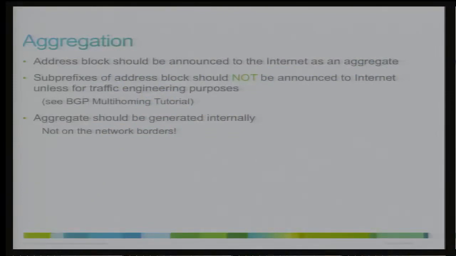Okay, so the only time you want to advertise sub-prefixes is when you want to do multi-homing with traffic engineering, and we'll see later on why you will need that. But in general, if you do not need traffic engineering, let's say you have one prefix assigned from the RIR. If you advertise that prefix through multiple peers in the same way, then you may end up receiving all traffic through one peer, right?